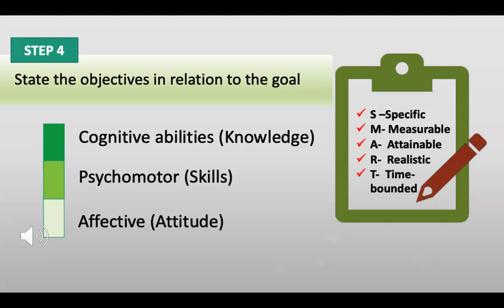So it's worth remembering to identify first what is the first concern or issue that we need to address. So it doesn't always follow that we will start first with cognitive abilities or the cognitive domain.